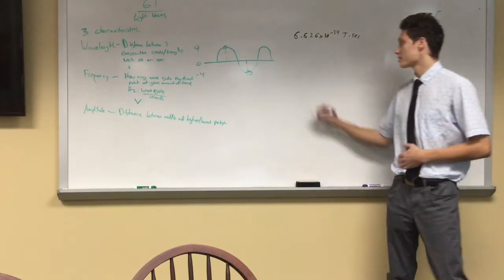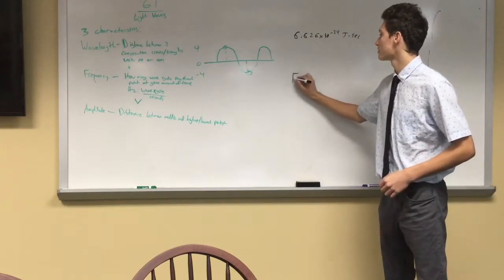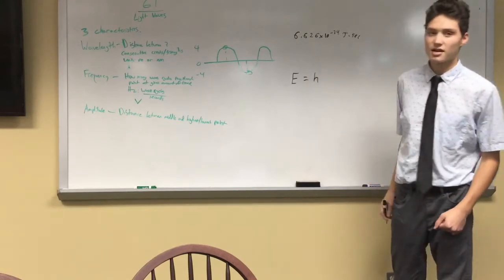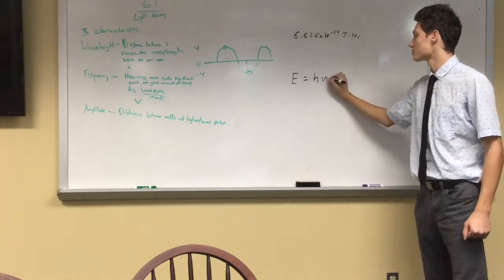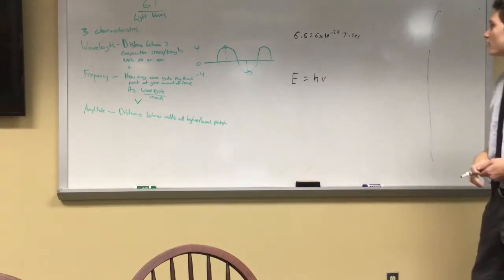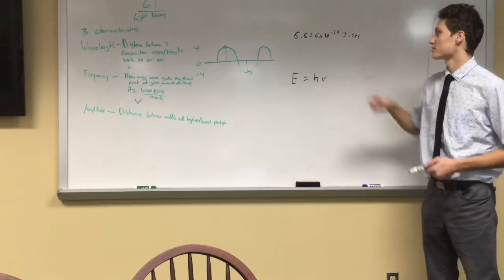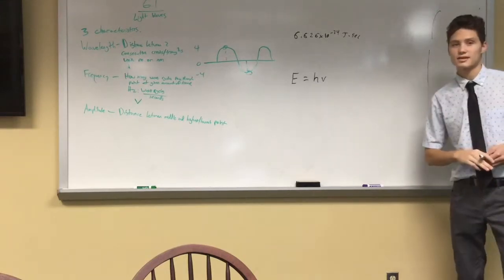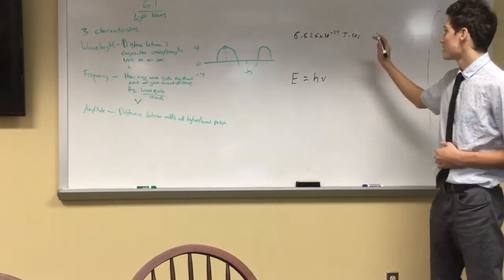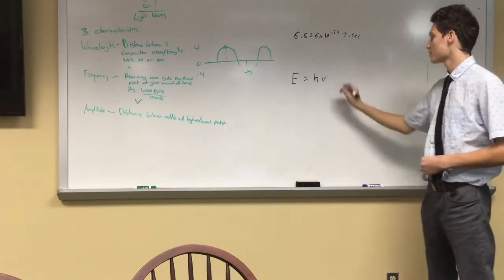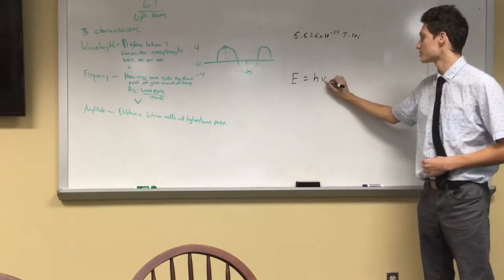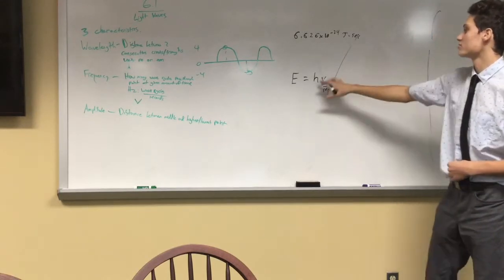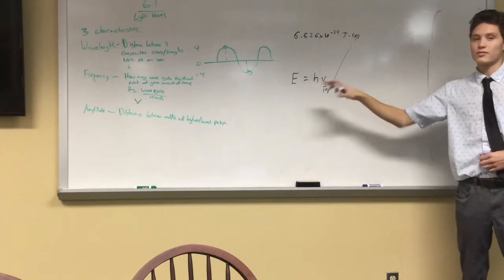Scientists have found an equation to calculate the energy that a light wave produces, and that equation is energy equals h, which is Planck's constant, times nu, which is the frequency of the wave. Planck's constant is 6.626 times 10 to the negative 34 joules times seconds. This constant times frequency, which is always in per second, will cancel out the seconds and give you the energy of the light wave in joules.